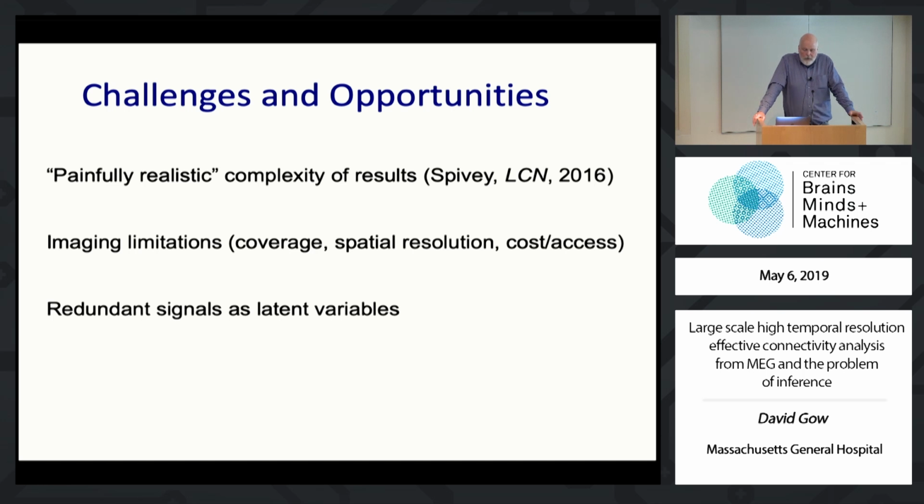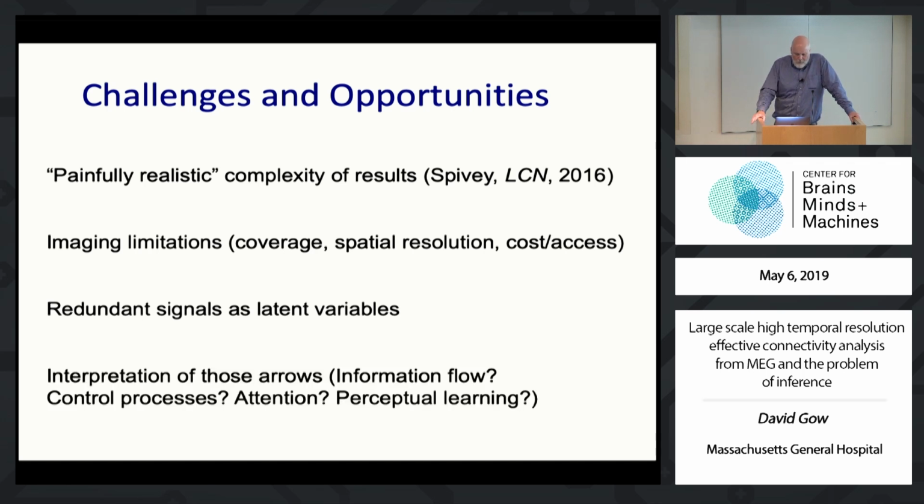Another practical problem is when we're doing this elimination of redundant sources, one of the questions is, do these sources actually do any work? Maybe we're eliminating the wrong one. This is one of the problems that I lose sleep over. We don't have a really good solution to it yet, but it's an area that we're thinking about. And the big question in a lot of this is, how do you interpret those arrows?